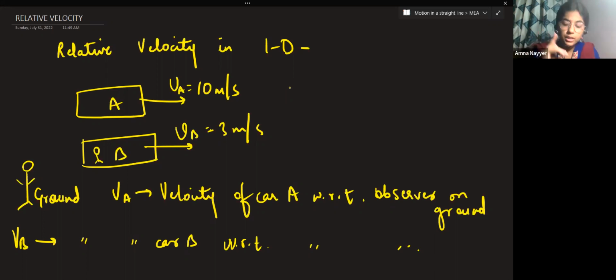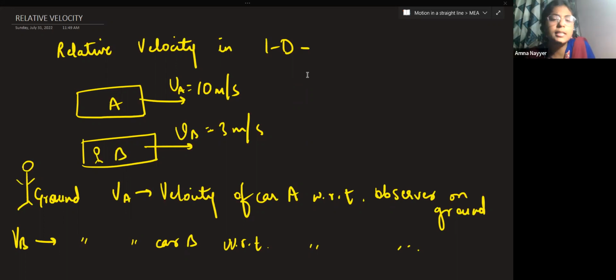But now imagine yourself. If you are sitting in car B and car A is moving, will you be able to see the exact velocity with which the car is moving? Will you be able to observe 10 meter per second only, or will there be a variation according to you?